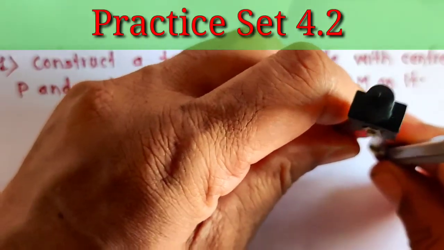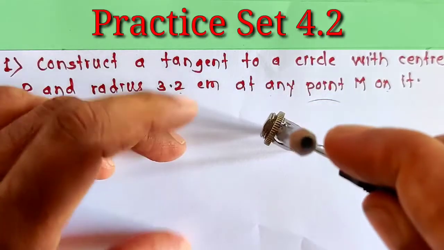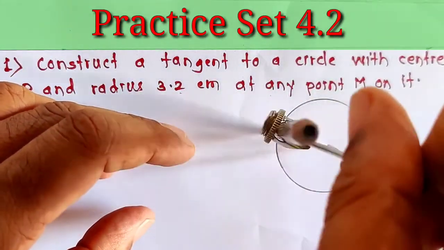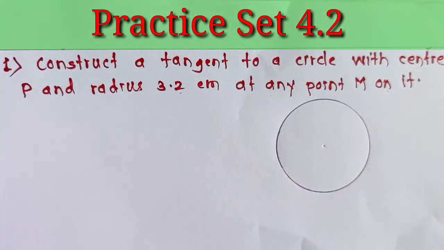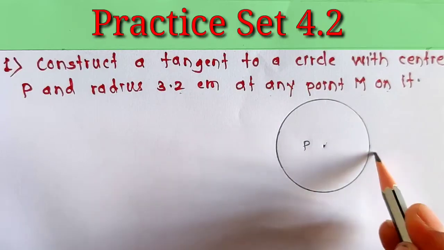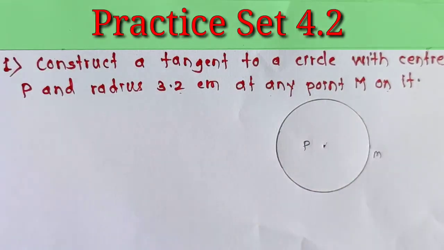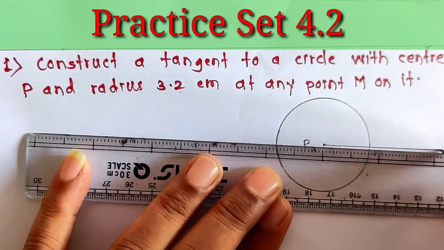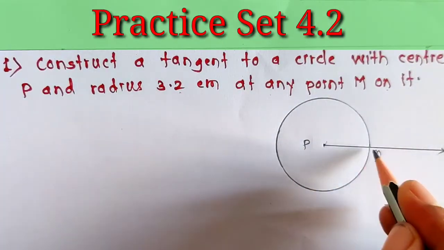First we draw any circle like this. Here P is the center of that circle, and here it is point M. Now join PM and draw the ray, extending PM.